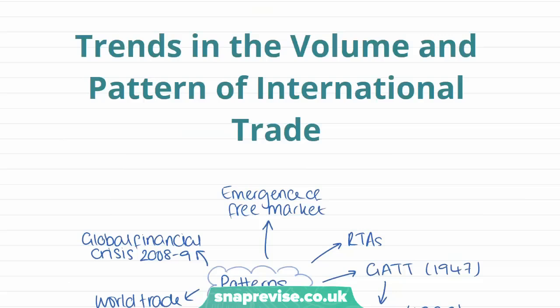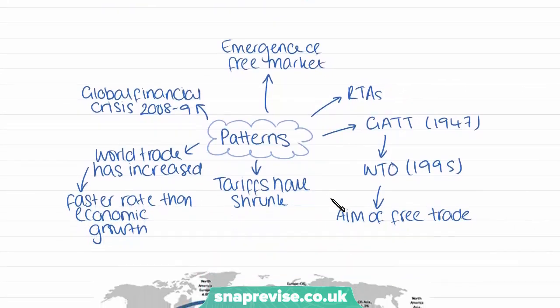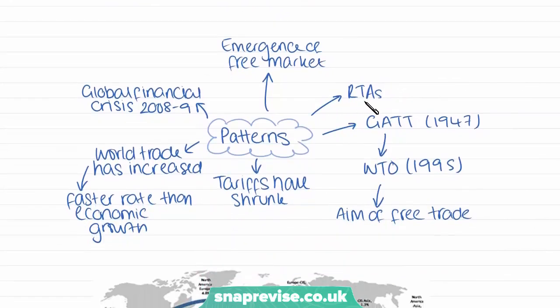Now we're going to look at trends in the volume and pattern of international trade, starting by looking at the patterns. And we're going to look at some of the trends throughout the 20th century. So firstly, we have the emergence of the free market, and this formed at the end of the 20th century, and this saw a push to removing trade barriers, particularly in relation to international trade.